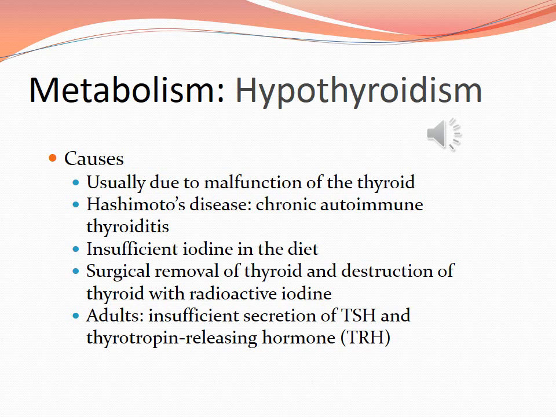Procedures such as radiation to the head and neck and treatment for head and neck cancers, like lymphoma, can also produce hypothyroidism. Infiltrative diseases of the thyroid can also cause hypothyroidism. And then, of course, iodine deficiency and iodine excess can cause hypothyroidism.